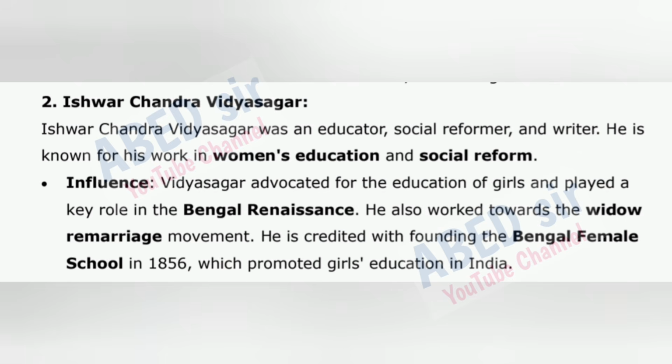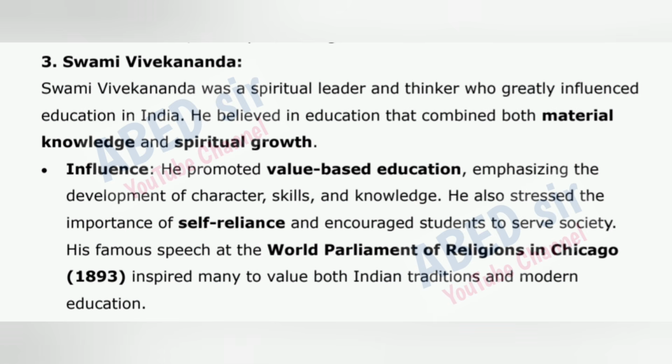He also worked towards the widow remarriage movement. He is credited with founding the Bengal Female School in 1856, which promoted girls' education in India. 3. Swami Vivekananda. Swami Vivekananda was a spiritual leader and thinker who greatly influenced education in India.